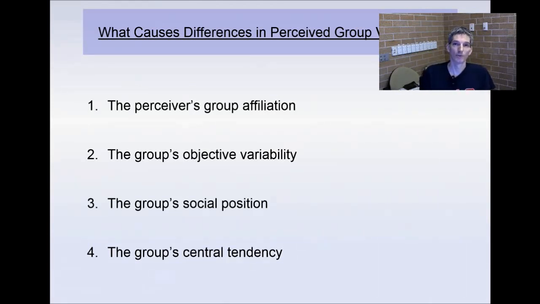Second of all, the group's objective variability. So are the group members actually, objectively, in reality, very similar to one another or not very similar to one another? We just looked at the Queen's Guard, and objectively they are very similar to one another. And obviously that objective reality can have an impact on our perceptions, and so we will perceive them to be very similar to one another.